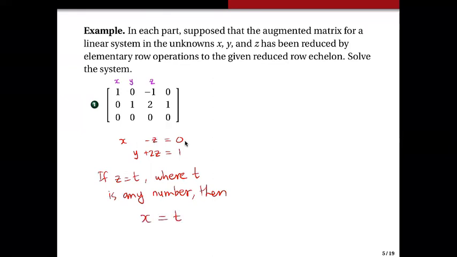You put this on that side, that's x equals t. And then you have y equals minus 2z plus 1, so that becomes minus 2t plus 1. And of course, your z is equal to t. So this here is the solution to the linear system that this reduced row echelon form represents. And we call this the general solution.